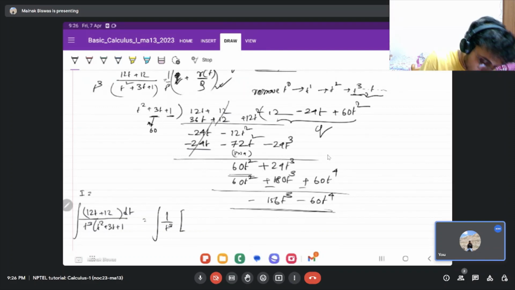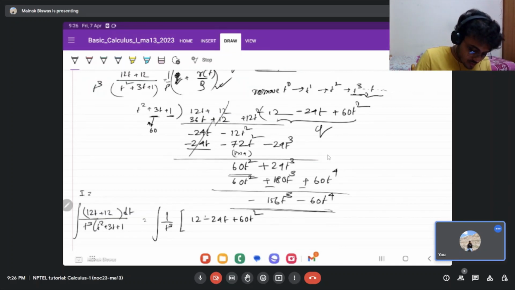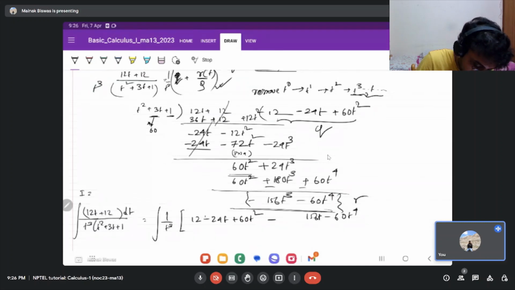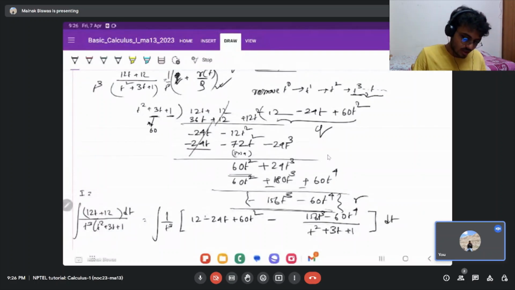This is your q. So you will have 12 minus 24t plus 60t square. Next, you will have, where is it? Yeah. So this is your remainder, minus 156 minus 60t to the power 4 by your divisor. So this is your equation that you will be getting.